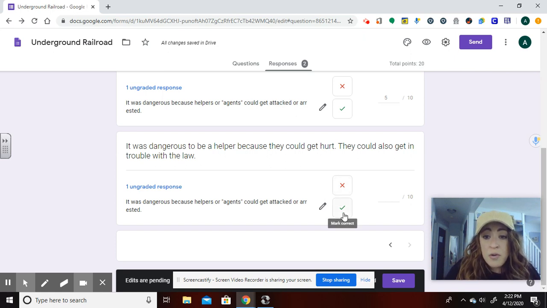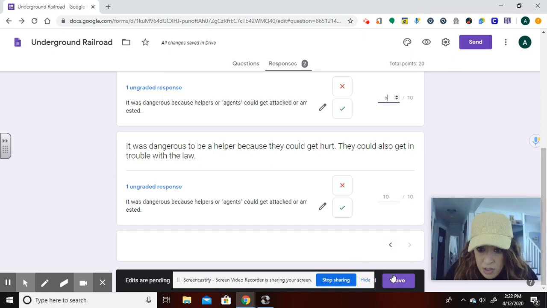All right, well, I think that is just entirely correct. So you may be asking, why didn't it really? When you click here, it automatically says they got full credit, but I didn't want to give that person full credit because they did not answer all parts of the question. So you have the ability to bring it down to the amount of points that you'd like to issue to them.